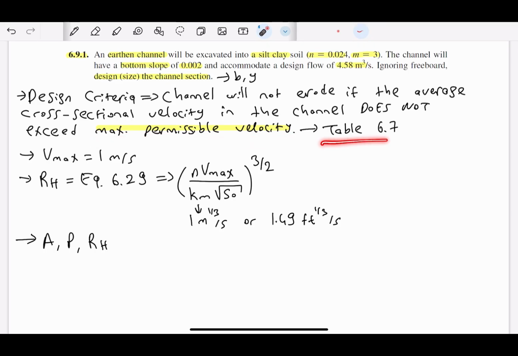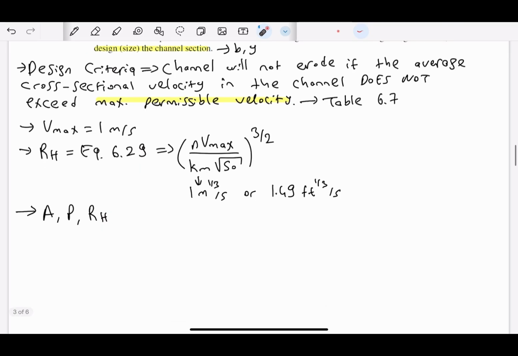So you can check table 6.7 in your textbook. So in this table, you will see certain values for different channel types. So for this channel, silty clay soil, the maximum velocity will be 1 meter per second. So knowing that, we can start calculations. So as I mentioned, we need these size related values.